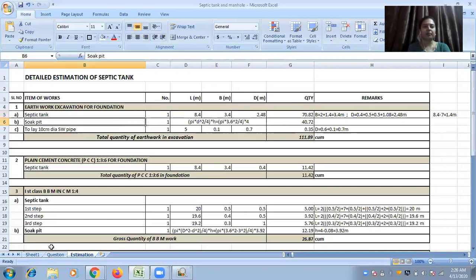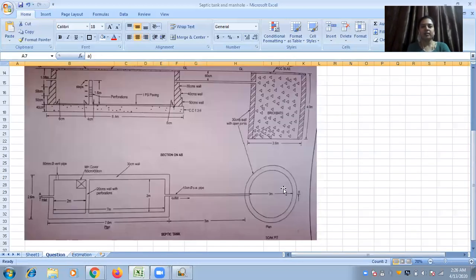Next for the soak pit. You can see soak pit is in circular shape. Depth of soak pit is 4 meters. Here you have to give the area of the soak pit since it is in circular shape. Formula is pi d square by 4. Here D is 3.6 diameter of the soak pit.